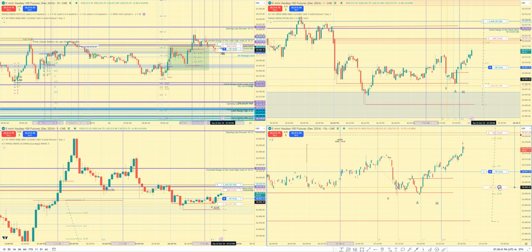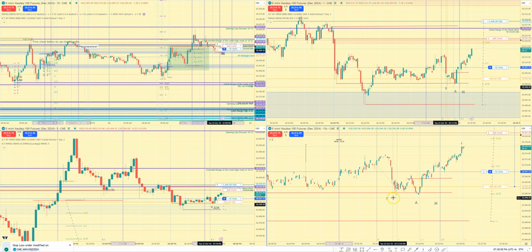Again, this should have been a breakaway gap. So my stop actually could have always been up to this, because if it comes below here, remember this is the breaker. Well, this is actually a mitigation block. You have a low, a high, a higher low. But remember the wicks do the damage.